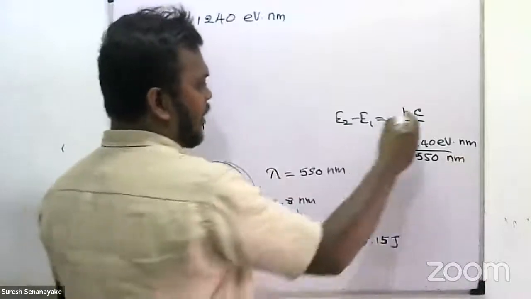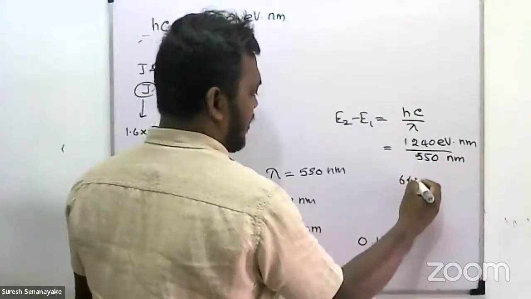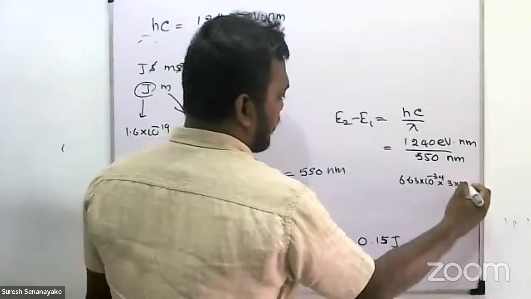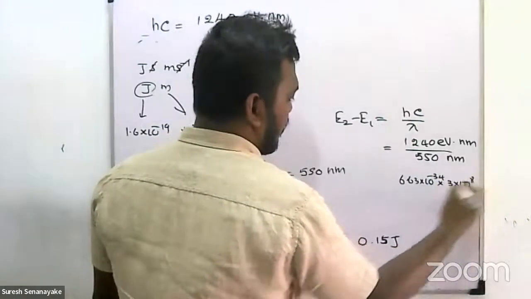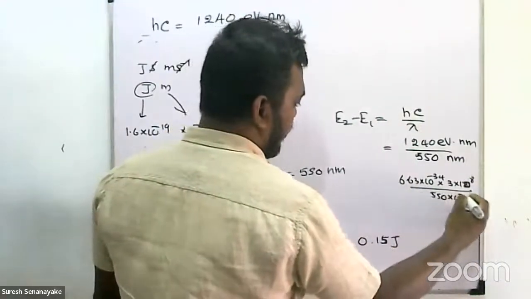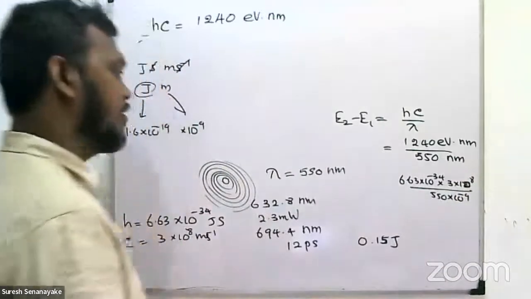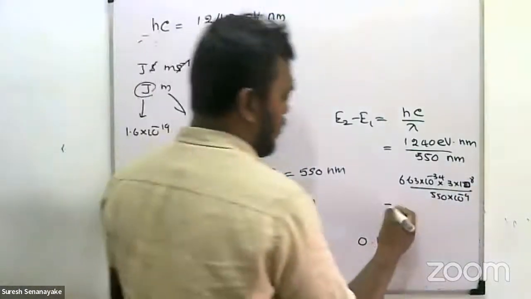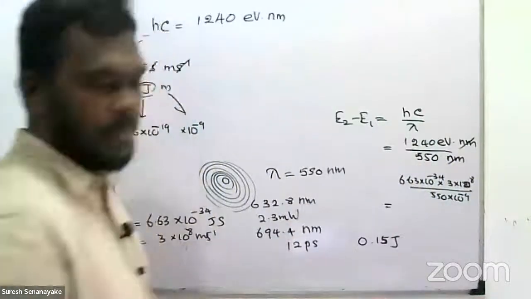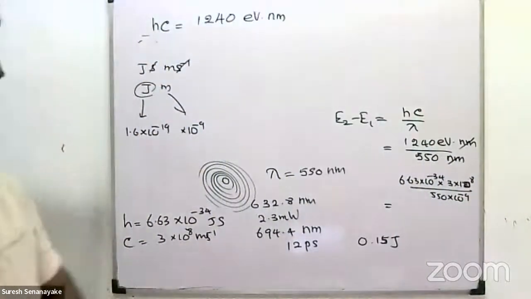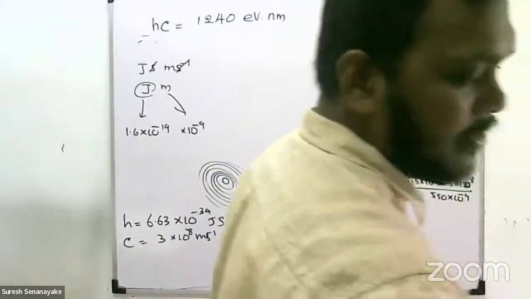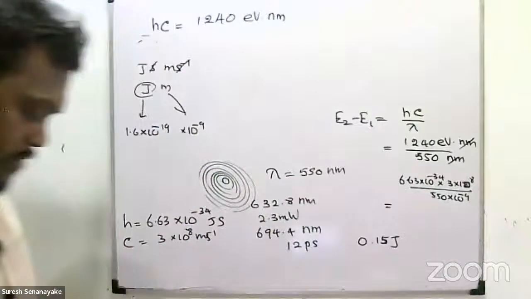Or you can write 6.63 into 10 to the minus 34 and 3 into 10 to the 8, divided by lambda 550 into 10 to the minus 9 meter. Then you get it in joules. In nanometer and electron volts, the total is 2.26 electron volts.